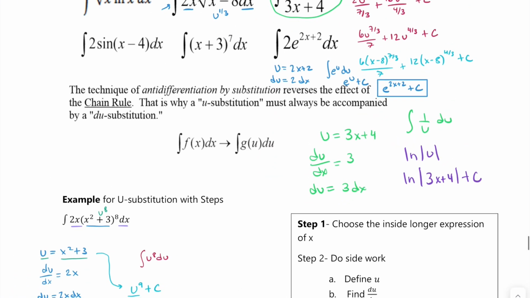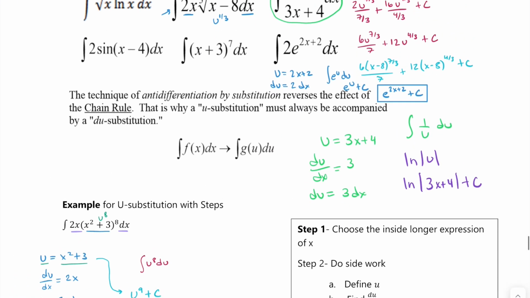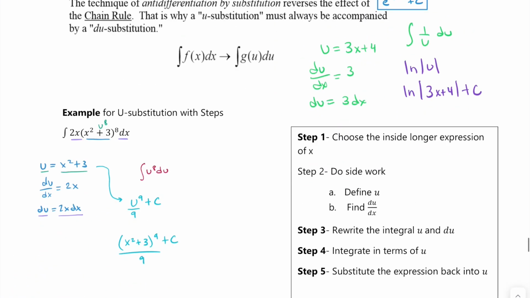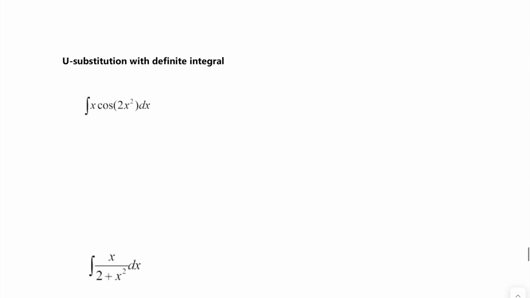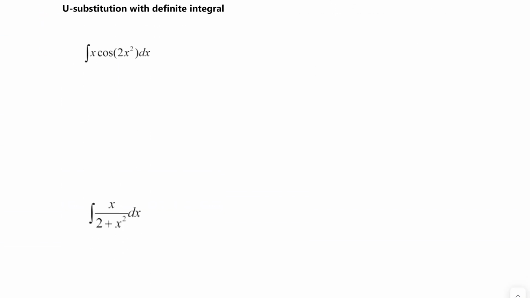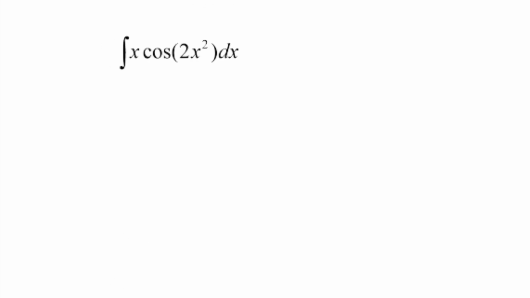All right. We can do more of these, but I'll let you practice those. You know what? We'll do something like this one, because this one doesn't have a perfect setup. So u is equal to 2x squared. du dx is equal to 4x.